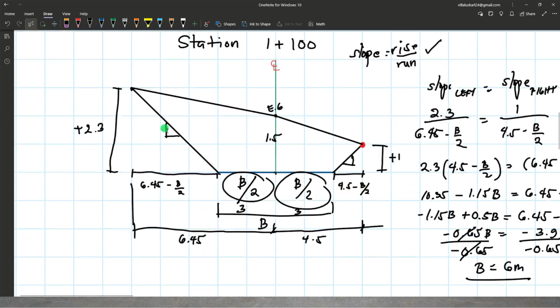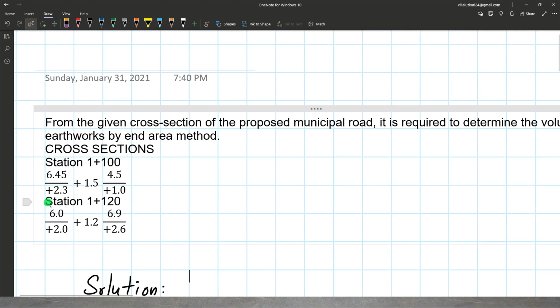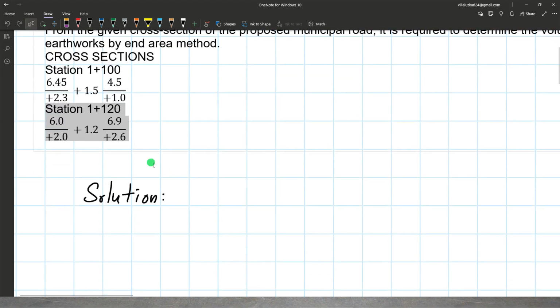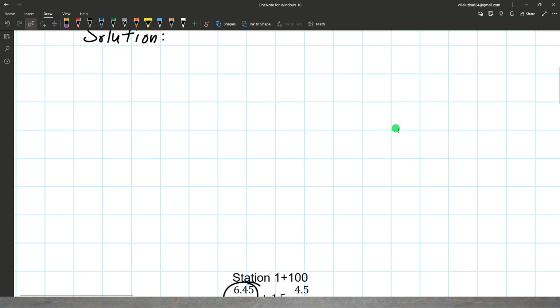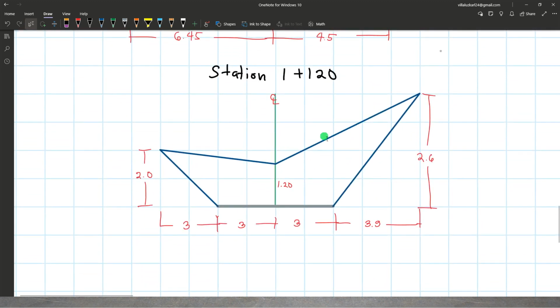If we're going to draw the figure of station 1 plus 120 with center height of 1.2, offset 6.9 on the right, height of positive 2.6, and on the left side 6 meters offset, positive 2 height, this would be the equivalent drawing for station 1 plus 120.